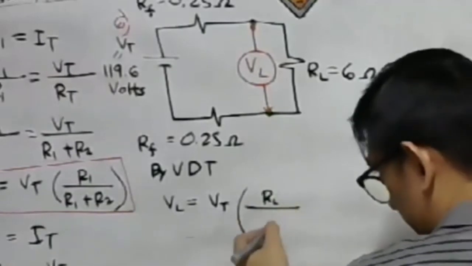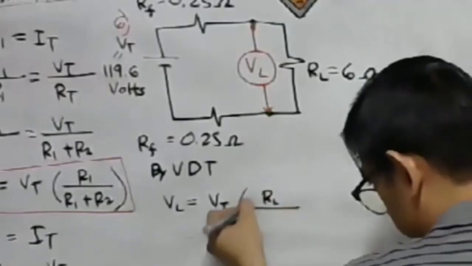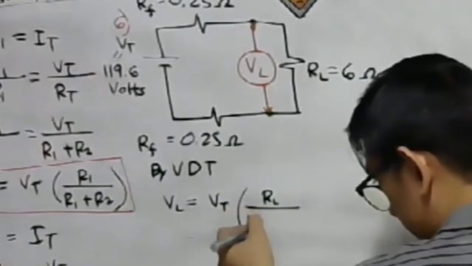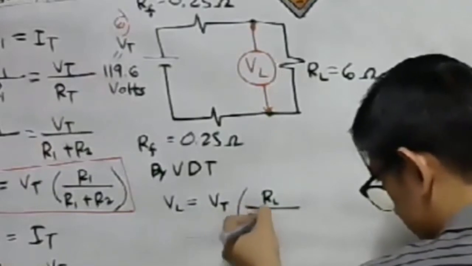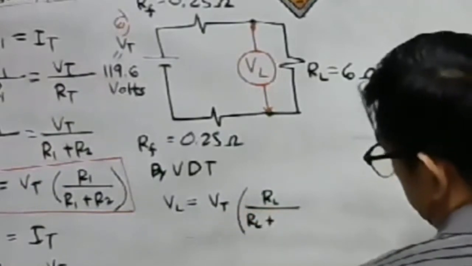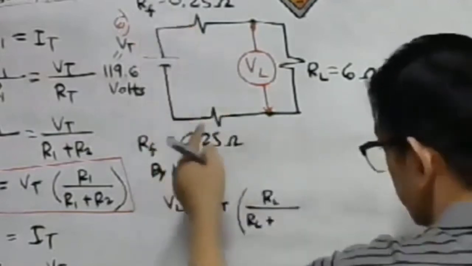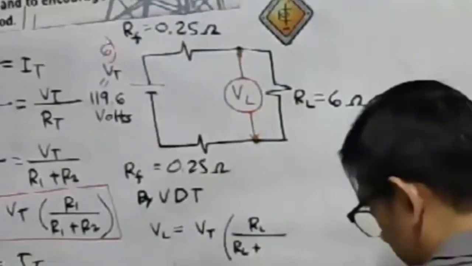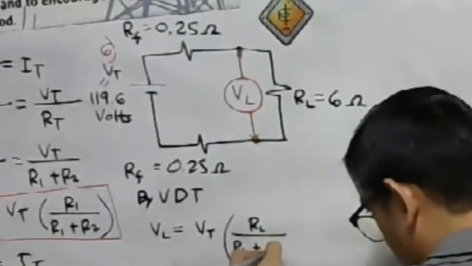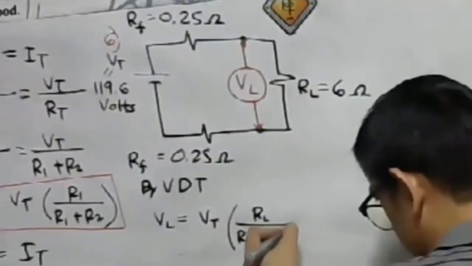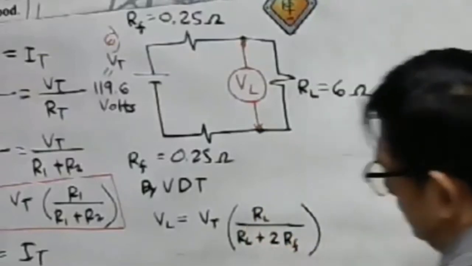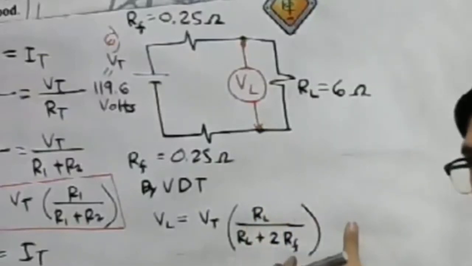So let's have the sum. The sum is RL plus, let's say this is simply RF plus RF. They are connected in series, or simply twice the feeder resistance. This will be our working formula.